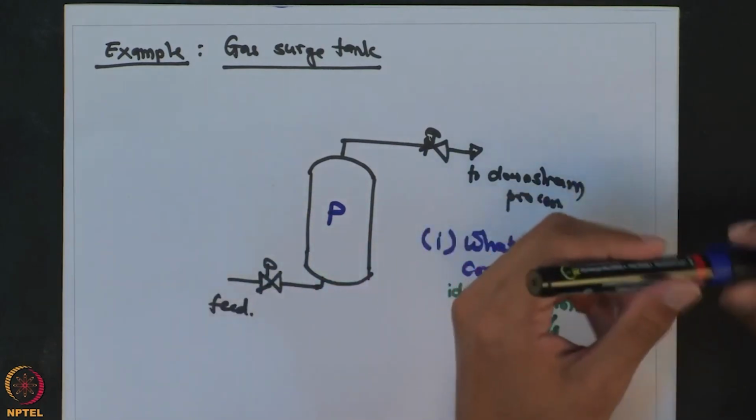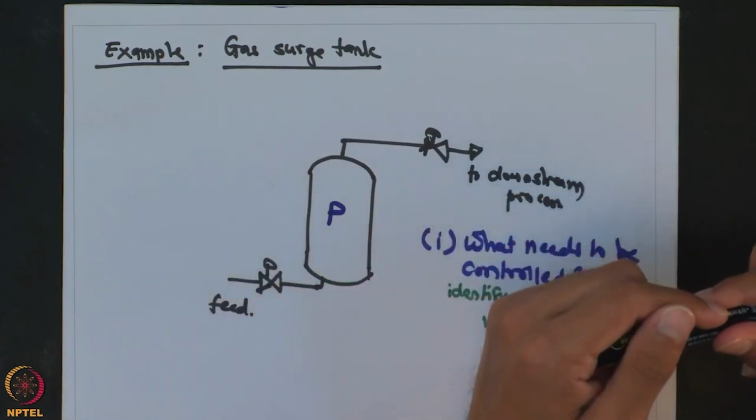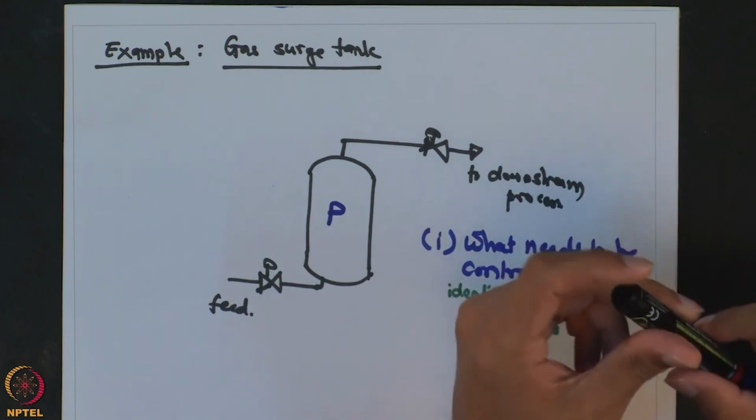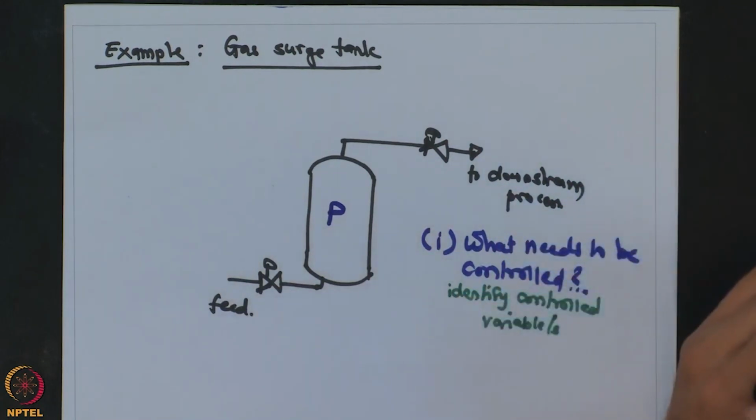There are different types of control variables, and as we analyze different examples we will come to that, but primarily you have to see the purpose of that equipment, and it will give you the primary control variable of that process.